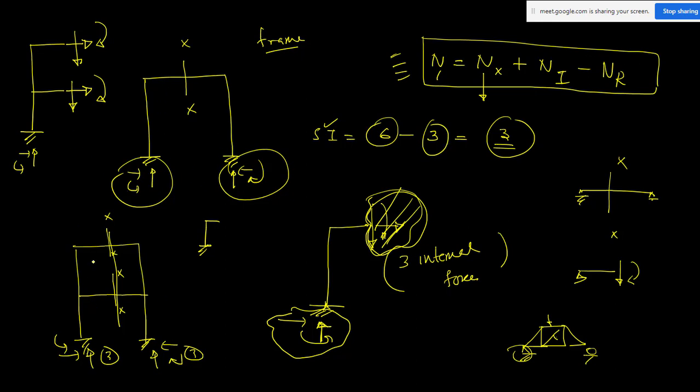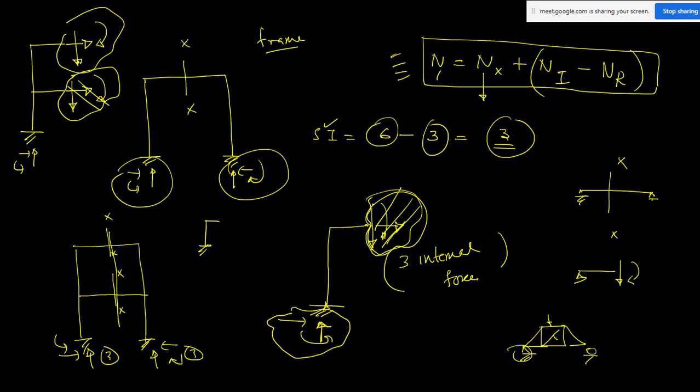But if you get a two-story frame, these three will not be unknown, because this can be solved from this simple example. But how will you solve these three? It is an unknown. That unknown you have to count, and due to that unknown there will be some indeterminacy. That is your internal static indeterminacy. This unknown will contribute to the internal static indeterminacy.